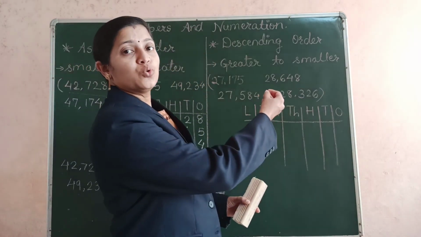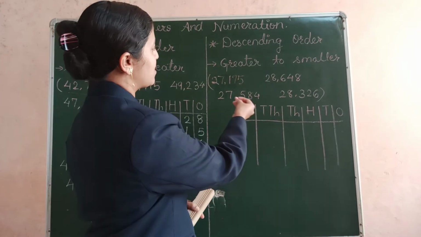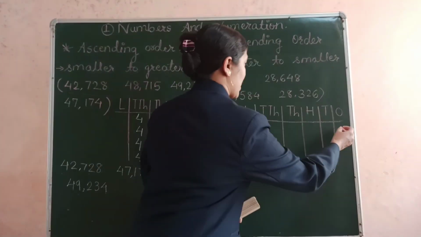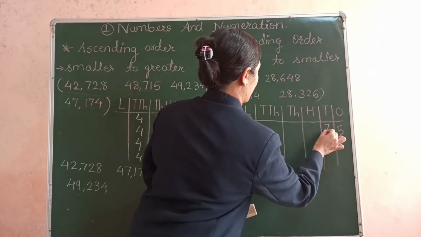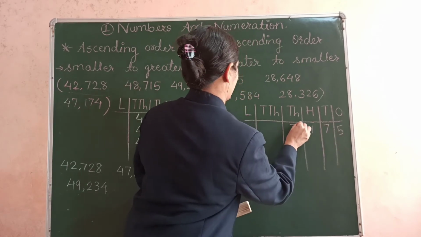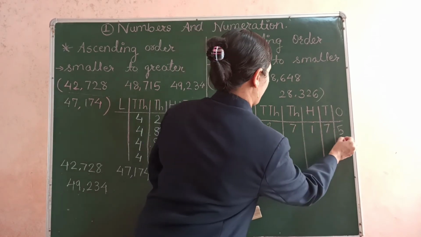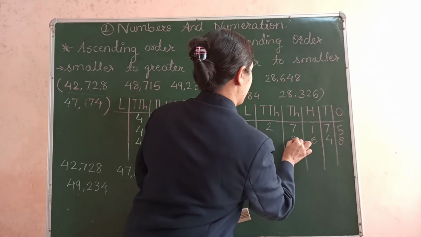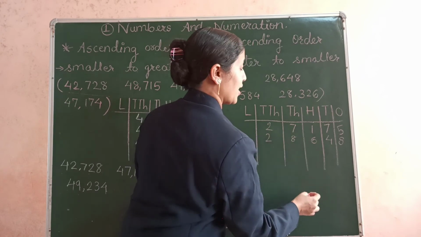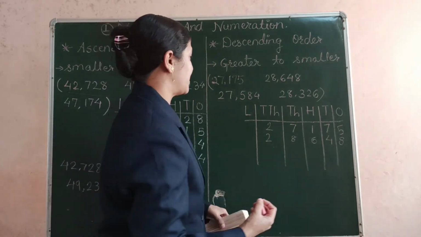So I will do the same work. I will just put these numbers into the chart. 6, 8 and 2. Just check whether I am writing it properly.